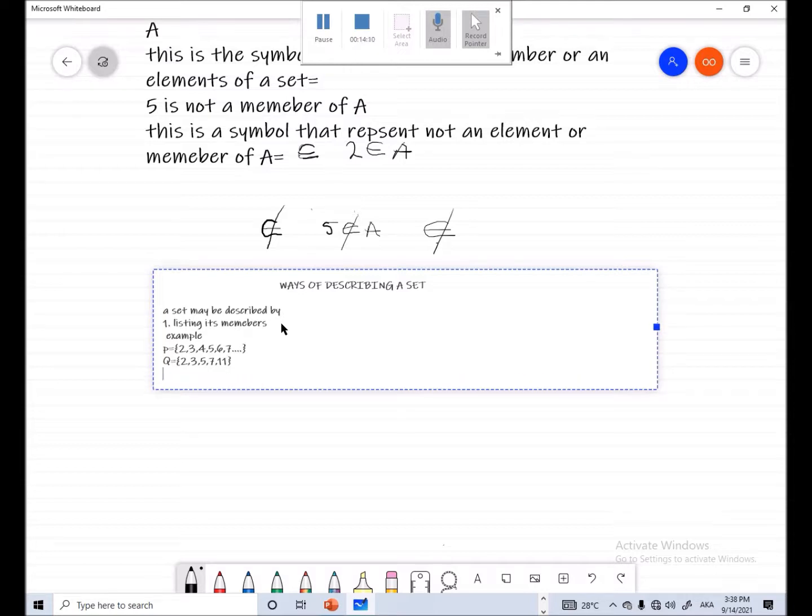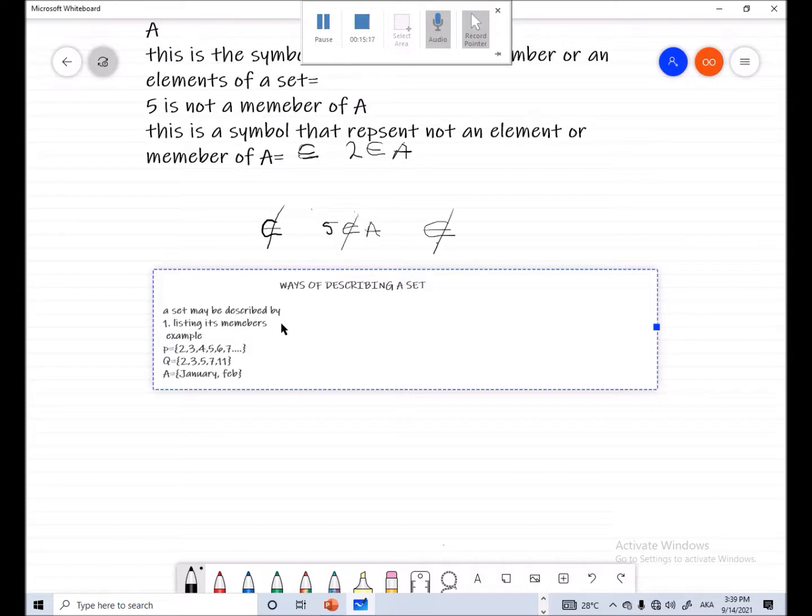I just want us to use a different letter. Let's say A equals the set of months. Let's end it there. So the first one that we were talking about is that a set can be described by writing its members.